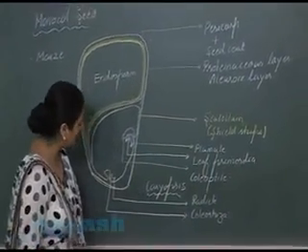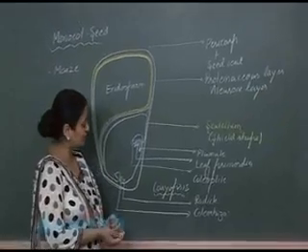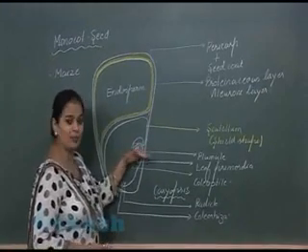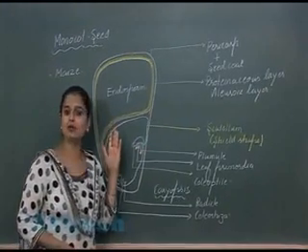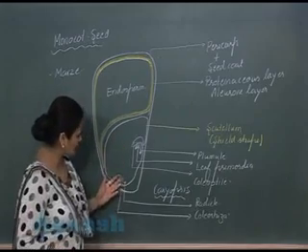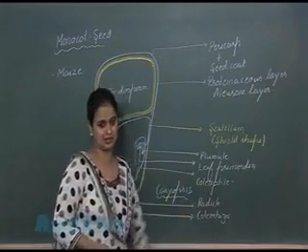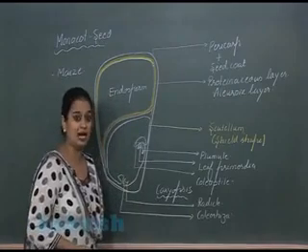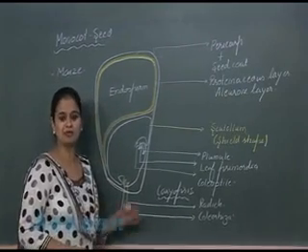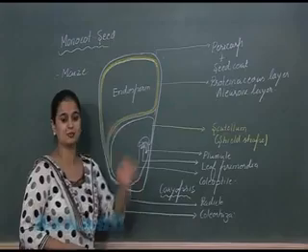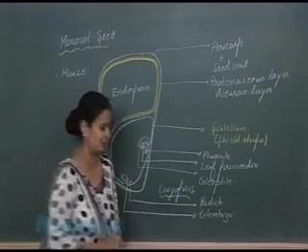So the different parts of the embryo are very much clear. The covering over the plumule is the coleoptile, and the sheath covering the radicle is coleorhiza.